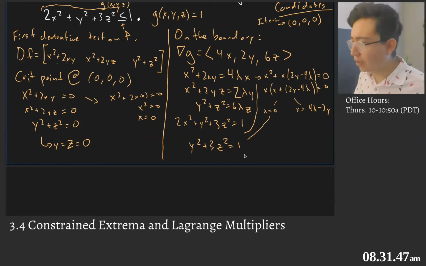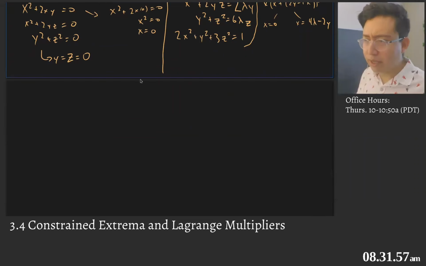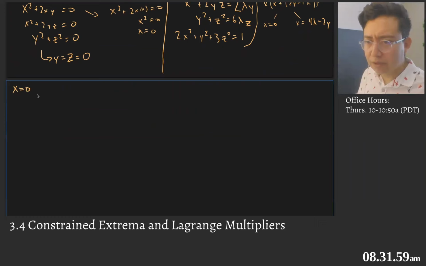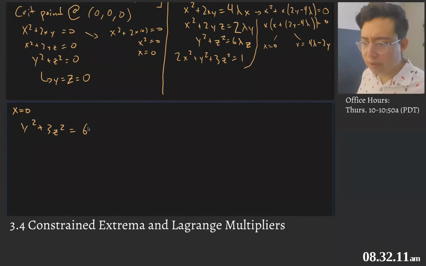It's going to be hard to stay organized with all of this work, but I'll try my best. Actually, I'm going to start this on another page. So again, this is the x equals 0 path. I took the bottom equation, and that gave me y squared plus 3z squared equals 1. And then I'm looking at the equation right above it, which is y squared plus z squared equals 6 lambda z.